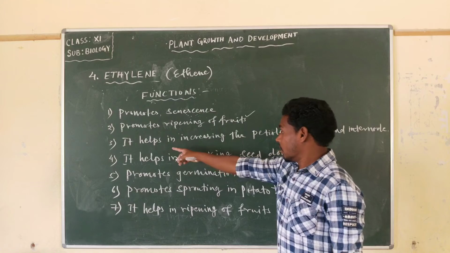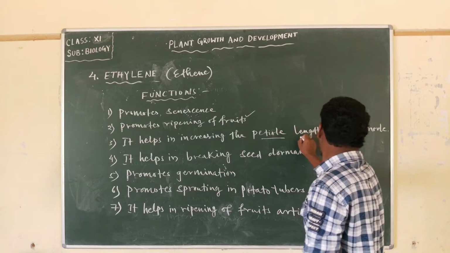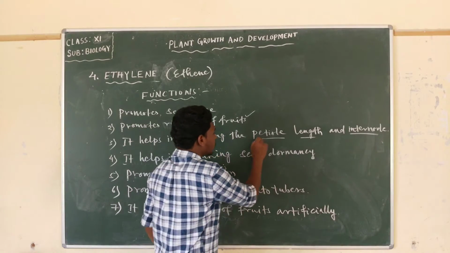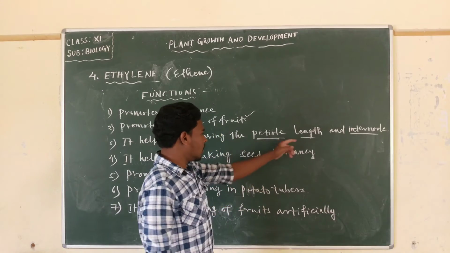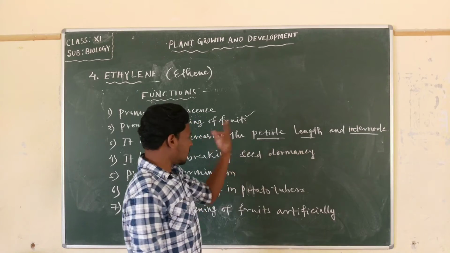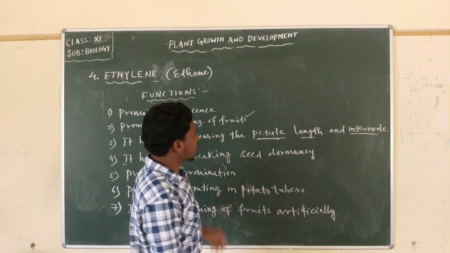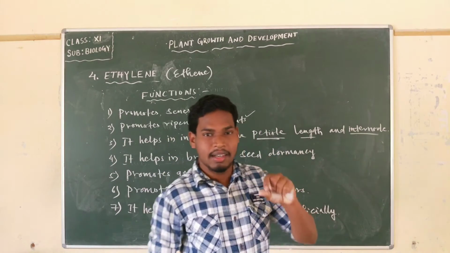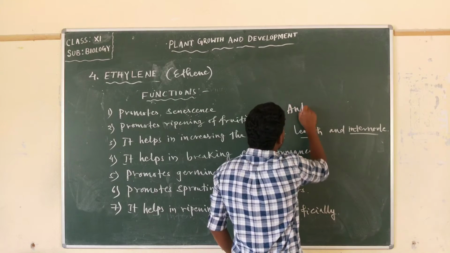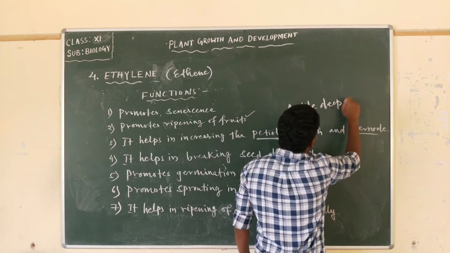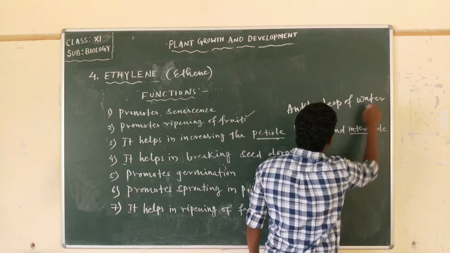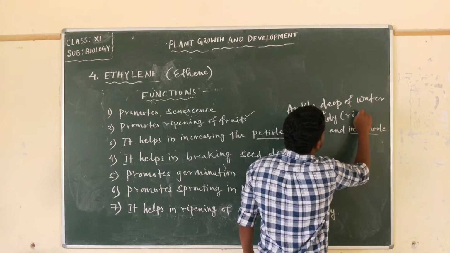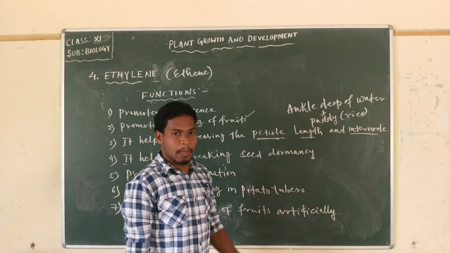Next function, it helps in increasing the petiole length and internode. We know what a petiole is, right? Their length is increased by the action of ethylene. For example, we always grow paddy in ankle deep water.